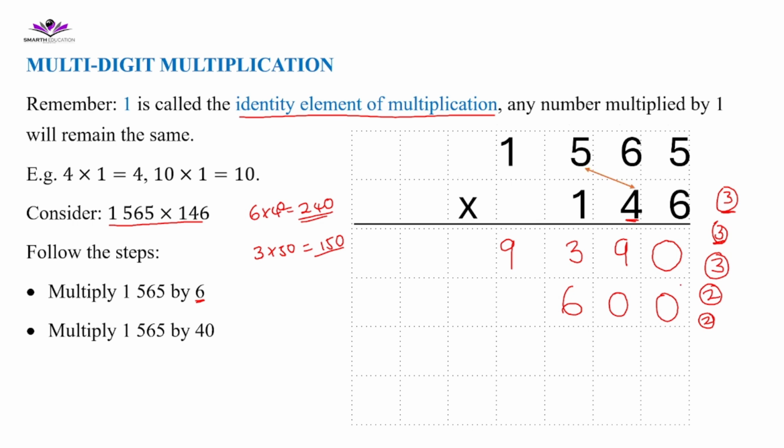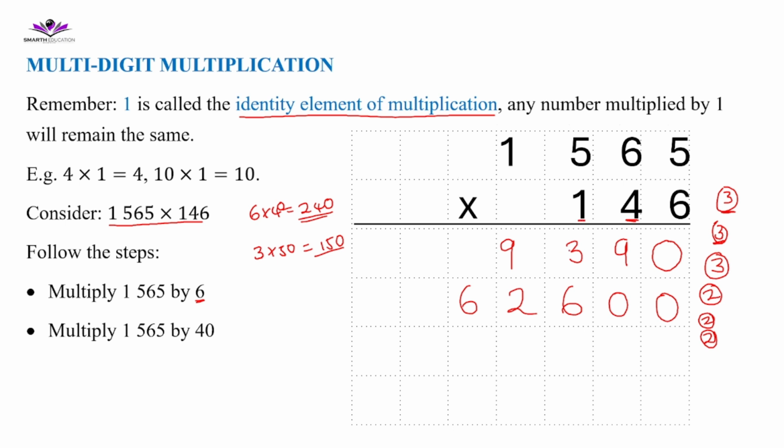And we go to 4 times 5. 4 times 5, that is 20. And then 20 plus 2, that will be 22. We write down the 2 and then we carry the 2 again. And then we have 4 times 1, which is 4. And then 4 plus 2, that is 6. So we've multiplied by the 40 there.